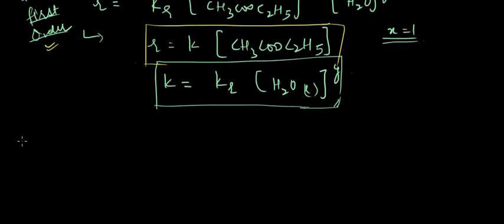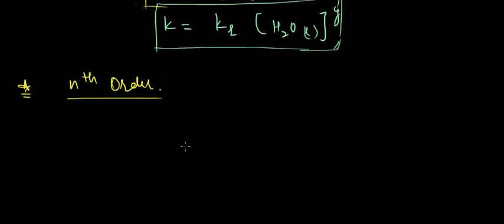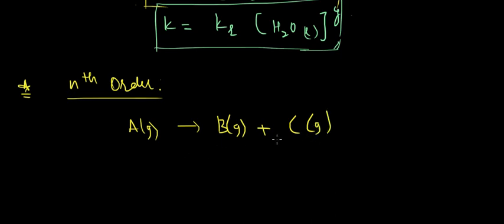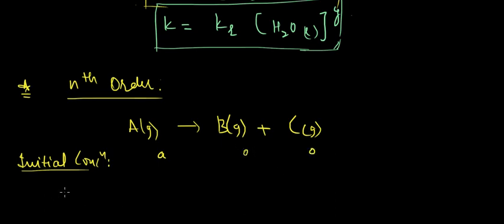Okay, so let's now see any nth order reaction. Suppose we have A(g) getting converted into B(g) plus C(g). So here we can write that initial concentration was, let's say, a, when these two are not present.